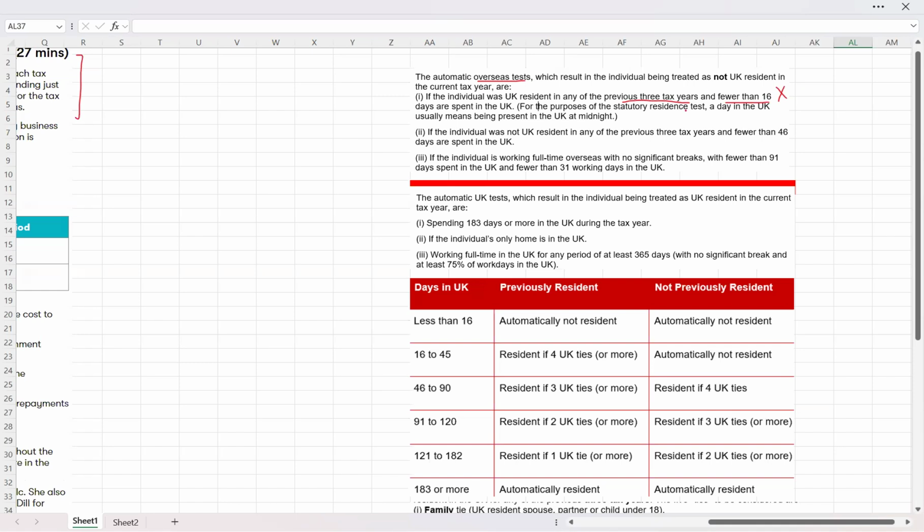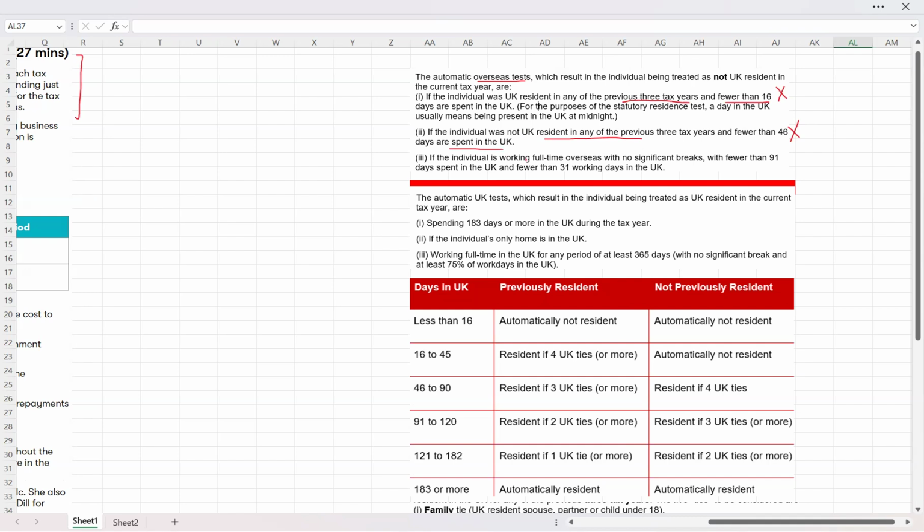not applicable. The second thing that we are looking at: if the individual was not resident in the UK in the previous 3 tax years, that is also not there because Dill was present in the previous 3 tax years and fewer than 46 days spent in the UK. That also does not work here because Dill spent 60 days during the tax year.